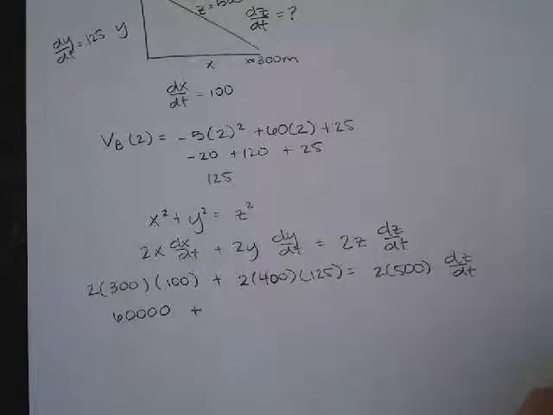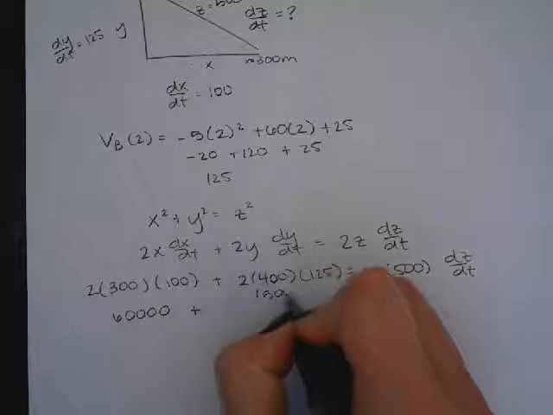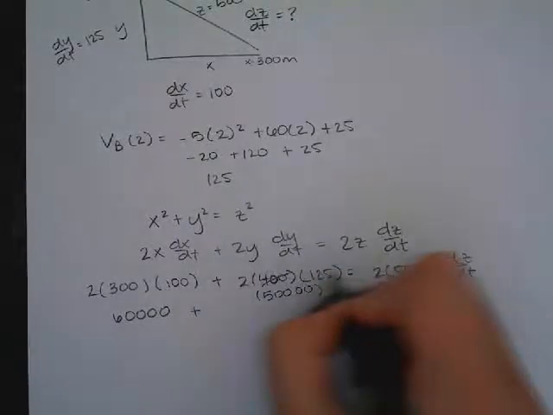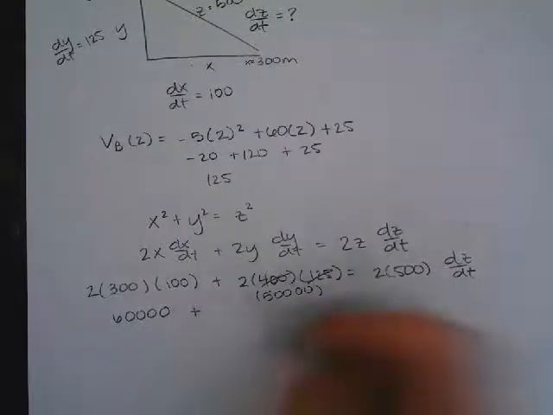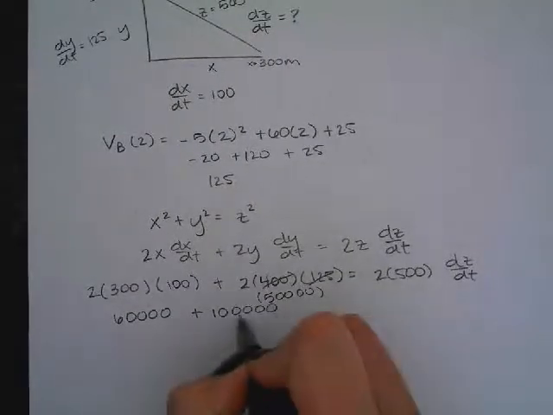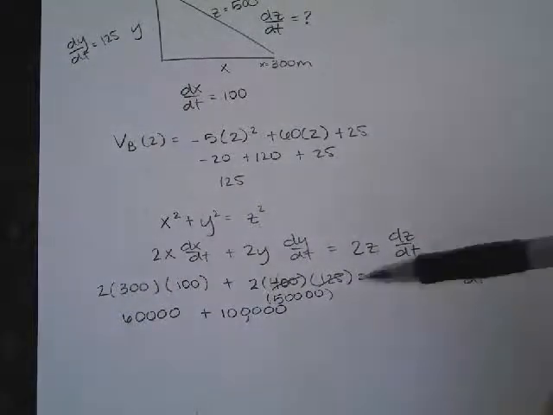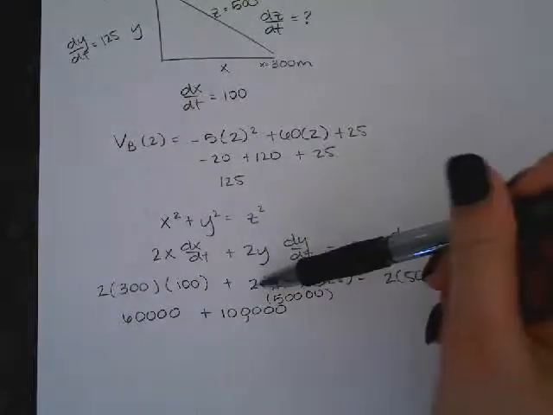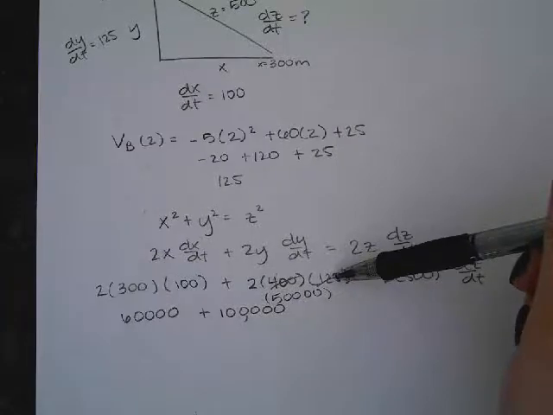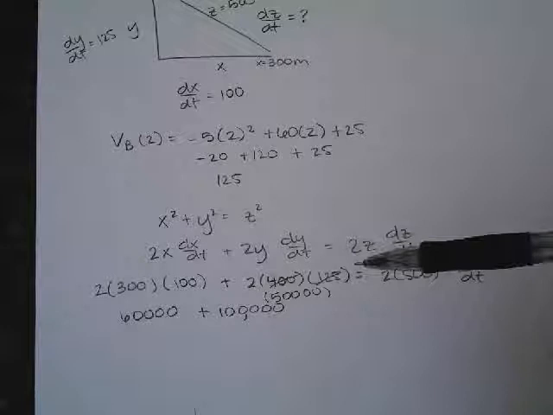The other way you could have done it is 2 times 125 is 250, and then 250 times 400.